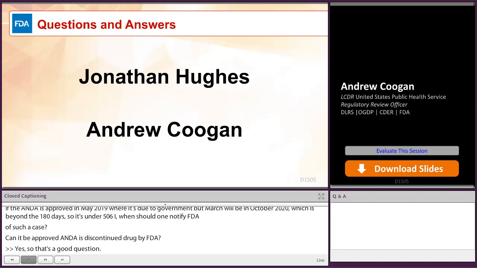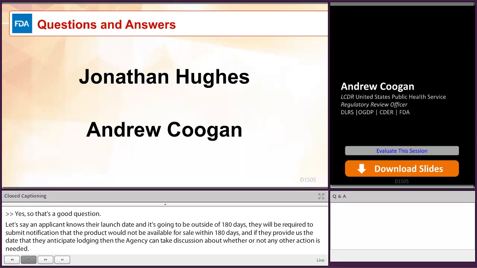So in that situation, they would be required to submit notification, and if you provide the date that it's going to be soon after the 180 days, then we would be able to take appropriate action, or that information is relevant to us to not have to move a product to the discontinued section.